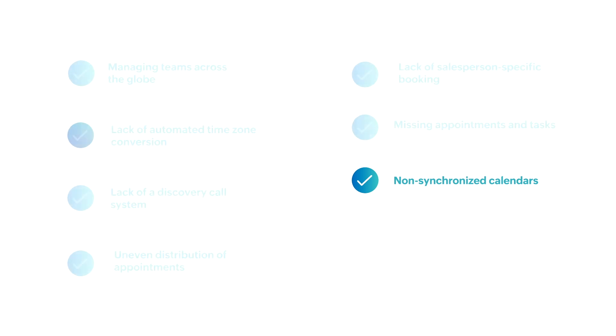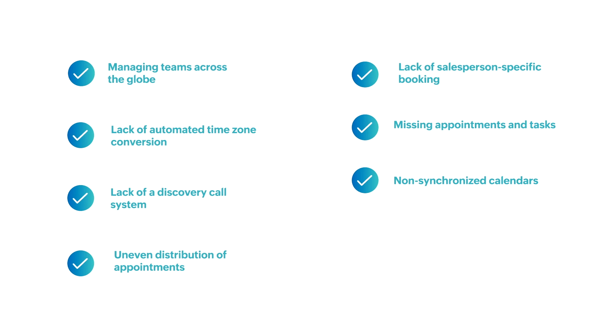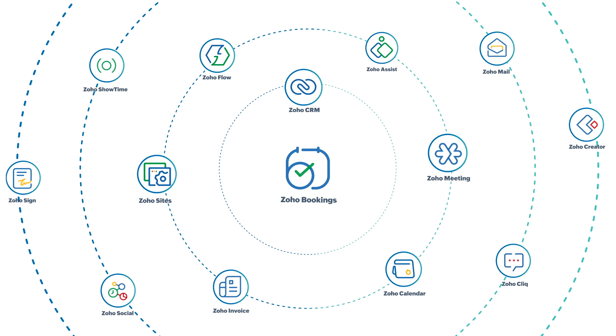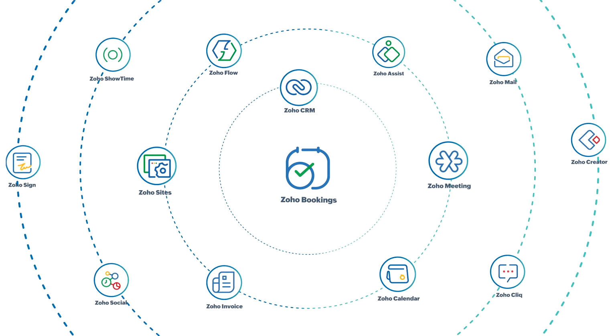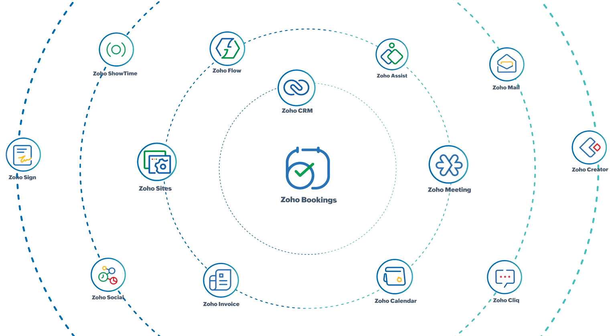So far, we have seen how Zoho Bookings helped Roy to solve some of the crucial issues every sales agent or team or sales manager face. Since Zoho Bookings is part of the larger Zoho ecosystem, it has the benefit of integrating seamlessly with other Zoho business apps.